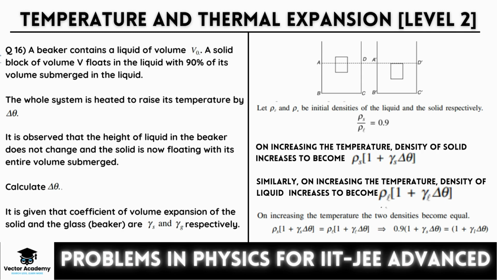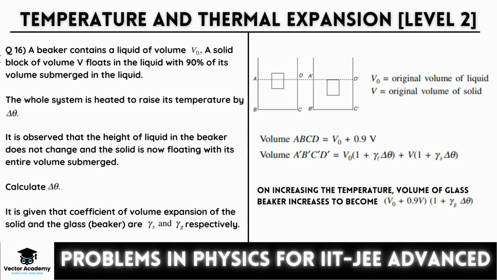That is, ρS multiplied by 1 plus gamma S into delta theta equals ρL multiplied by 1 plus gamma L into delta theta. Or, 0.9 into 1 plus gamma S delta theta equals 1 plus gamma L delta theta.